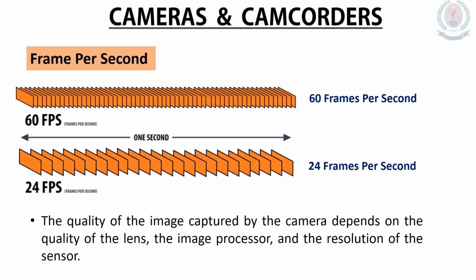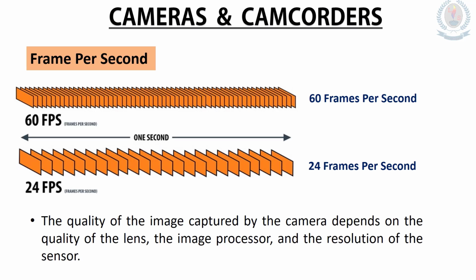Moving images, or we call it as movies, are simply a sequence of images called frames. This picture shows how the frame rate affects the quality of a movie. In the first picture, the frame rate is 60.